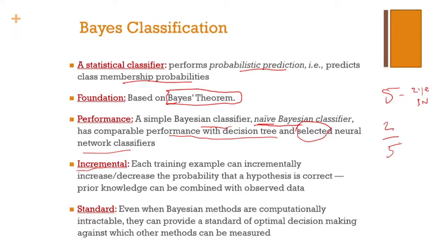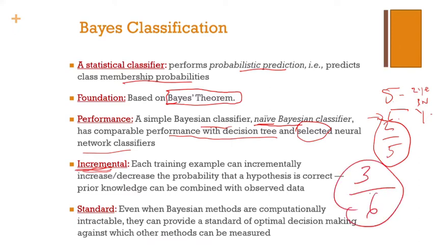That's going to be 2 out of 5. Now, if I increase the sample to 6, I have to go back and recompute the probability because it's going to change. Let's say we added 1 new sample, and that sample happened to be another yes, which means our yes is going to become 3 out of 6. This is the meaning of the incremental property: with each additional training example, we incrementally increase or decrease the probability of a particular hypothesis.